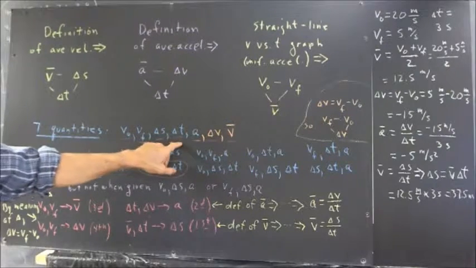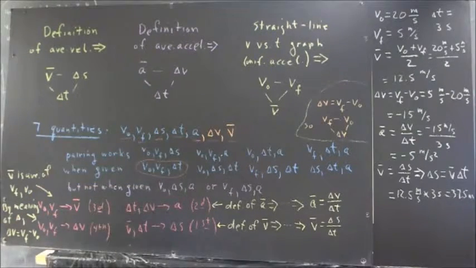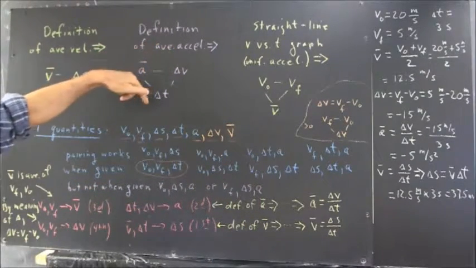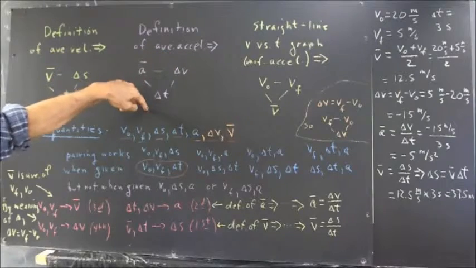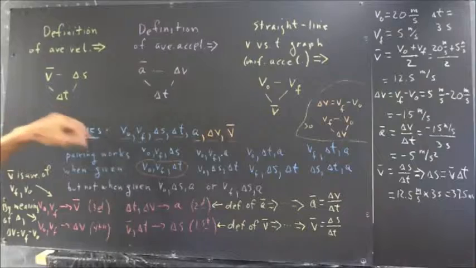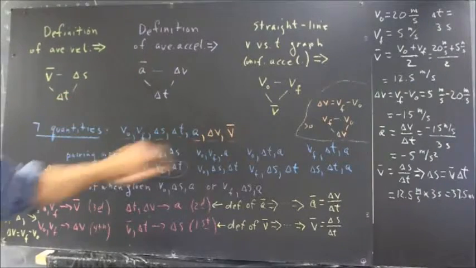So now we're going to be able to find delta T. And then we know all the quantities except for A. Well, A is involved with your delta V and delta T. We know delta V, we know delta T, just found it, and now we can determine A.